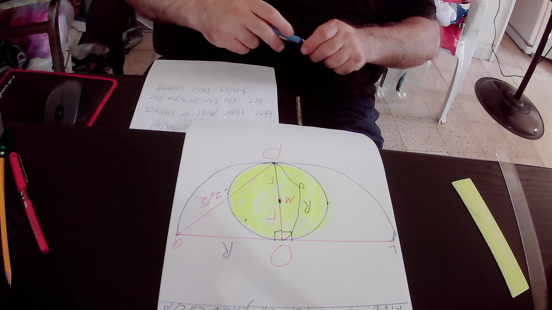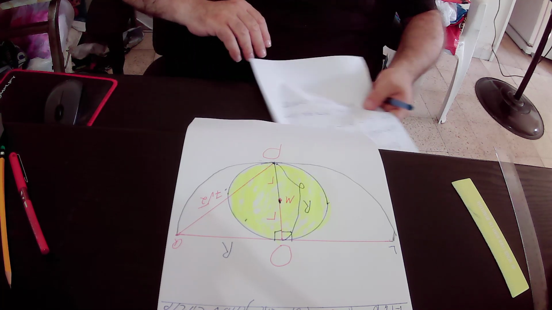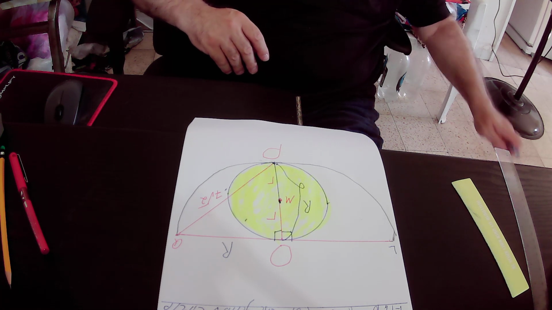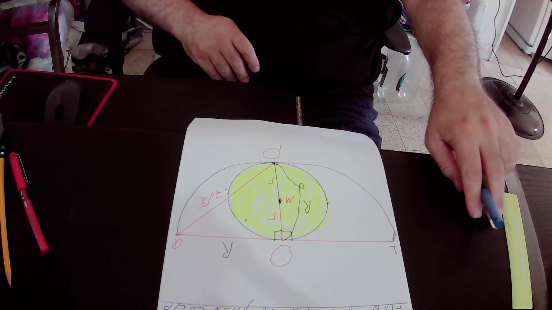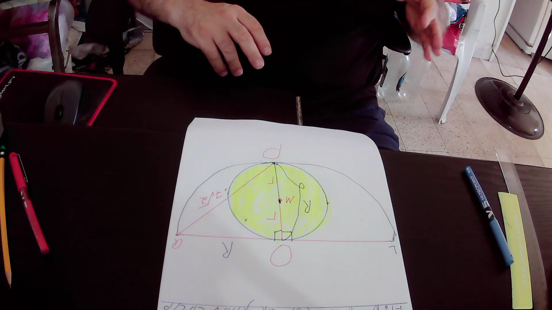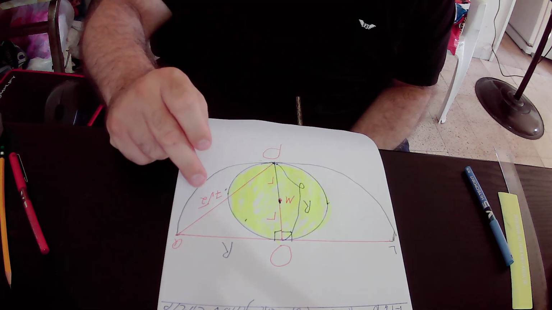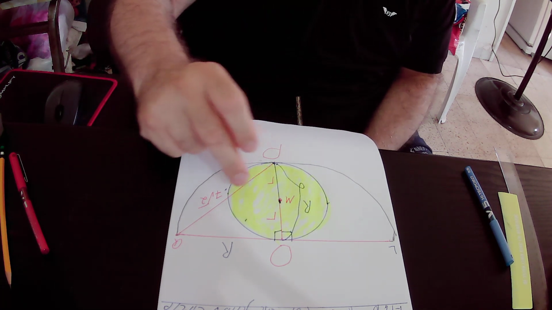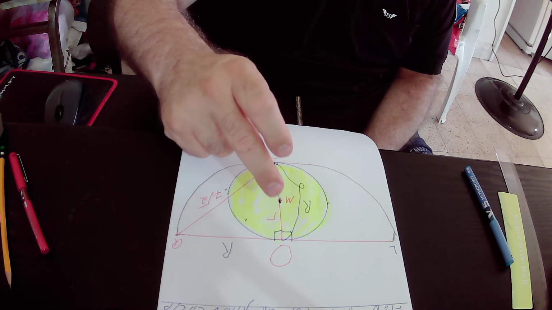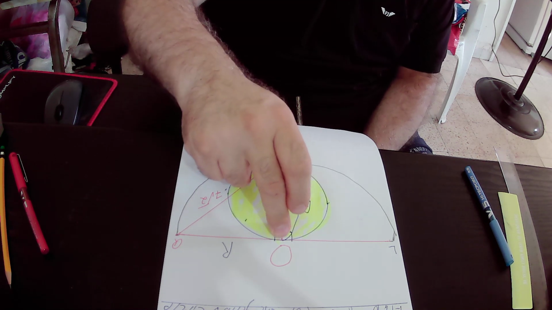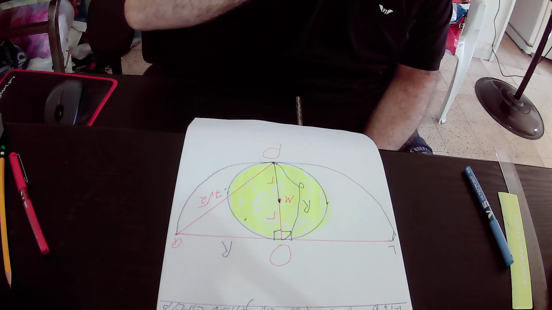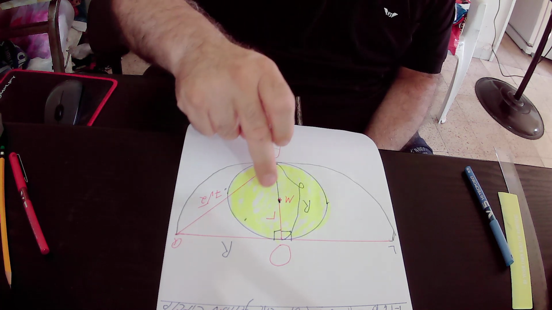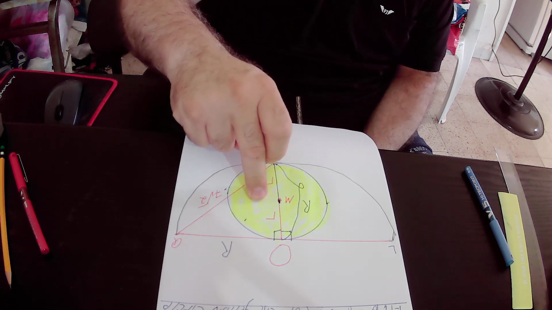As you can see in the drawing, we have a semicircle whose center is at point O, and inside the semicircle we have the yellow circle.